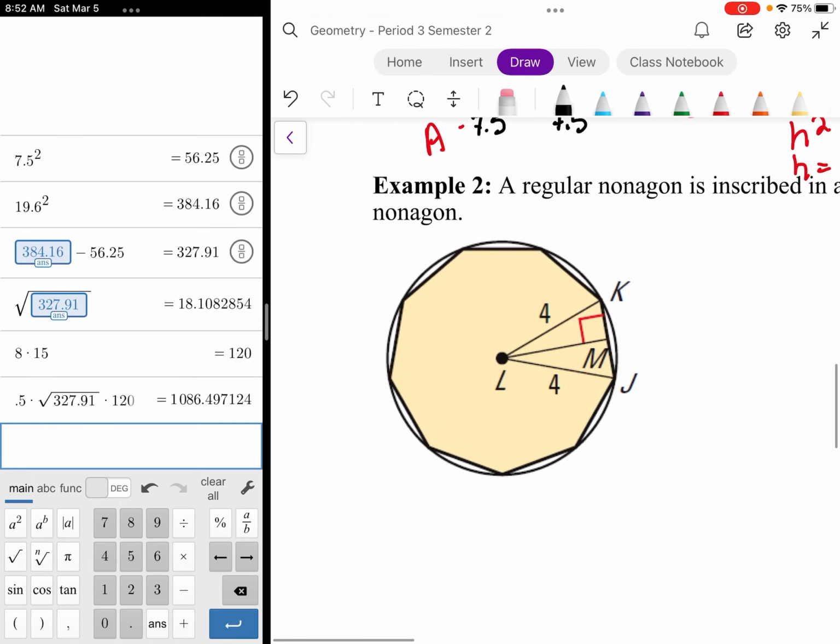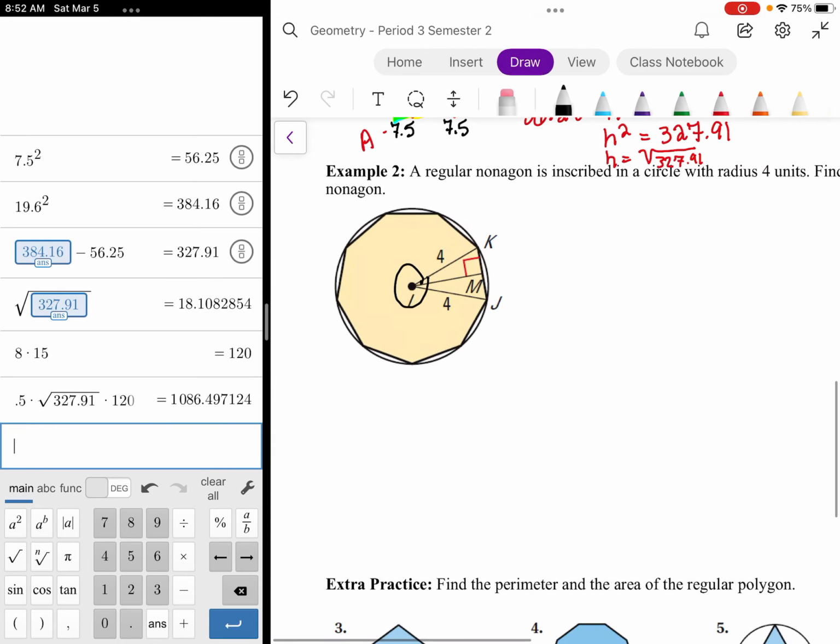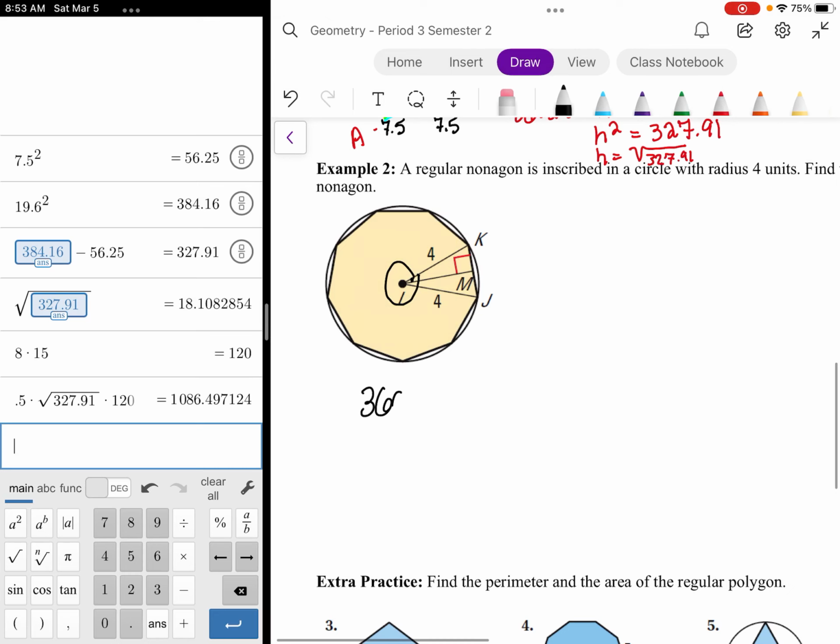So we are going to have to calculate what these angles are, and then use some trigonometry or special right triangles. So we know all the way around is a circle of 360 degrees. And if we cut each of these triangles into our nonagon, you'll notice there's 2 per side length.